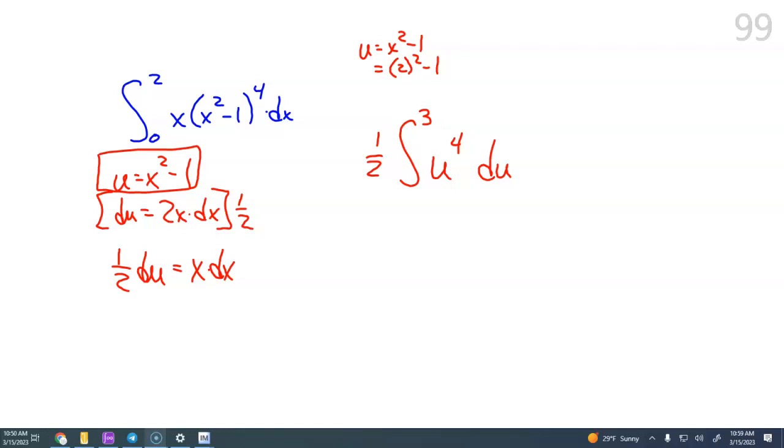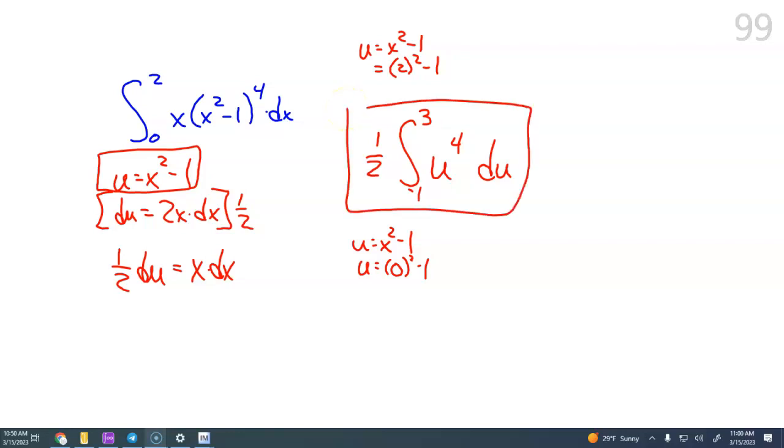For the bottom one, which is 0, what number am I going to put right here? It's a negative 1, because u equals x squared minus 1, and x is 0, so I put a negative 1. And then I can forget the x's even exist. This is your problem now. We don't have to do substitution anymore, we don't have to plug in x's anymore. We're just doing this problem.